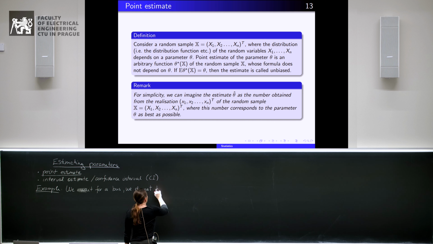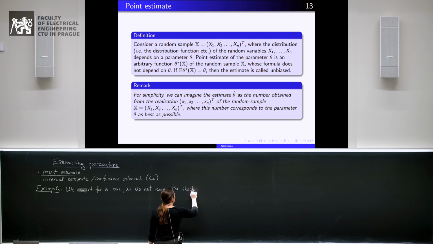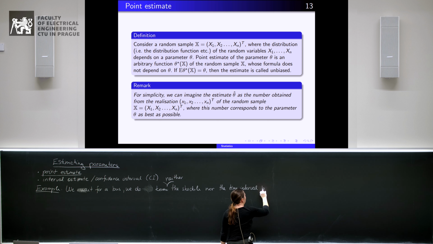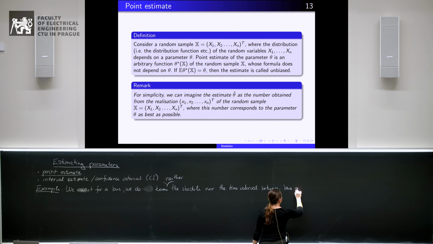We know neither the schedule nor the time interval between bus arrivals.